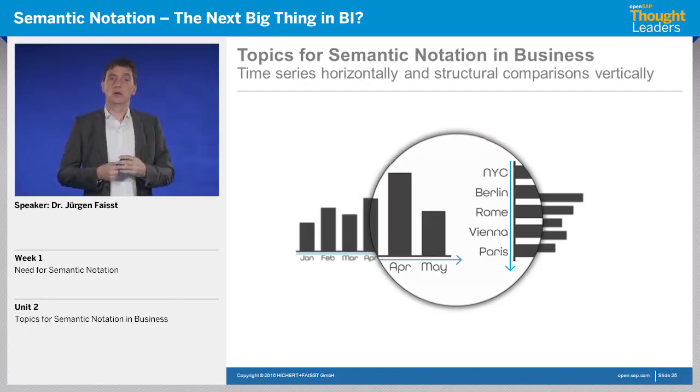Or we look at structures. We compare products, we compare regions, we compare whatever, and we suggest that if we compare structures, we do it vertically. If we would apply this rule completely to all reports and all presentations, we would immediately see whether it's a time series analysis or whether it's a structure analysis.